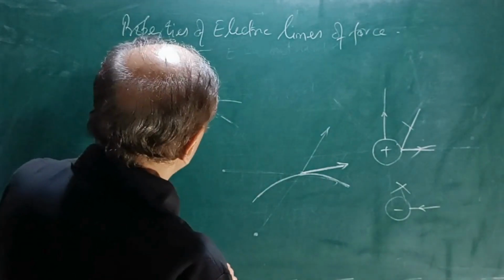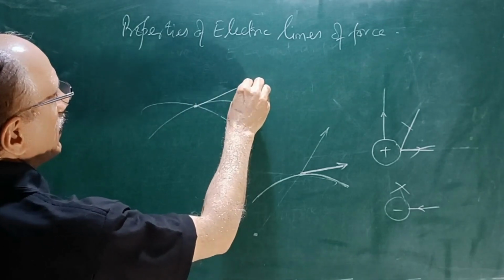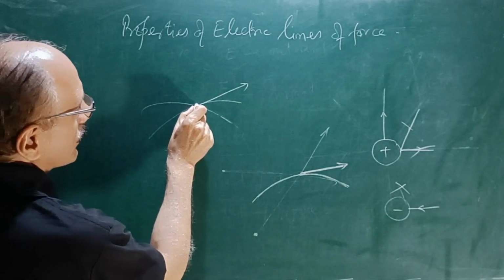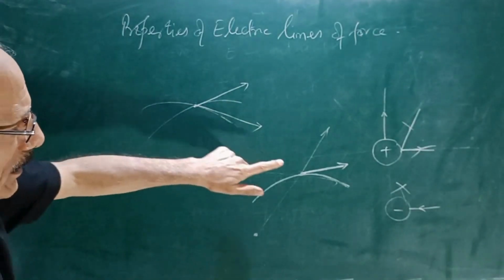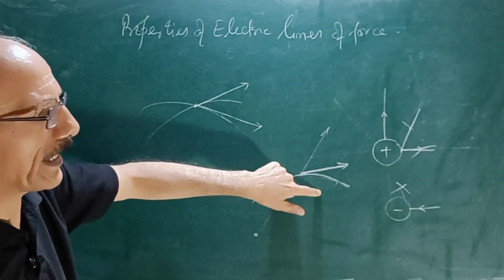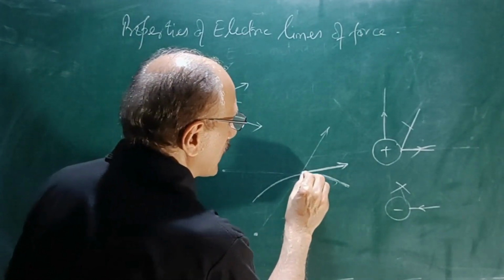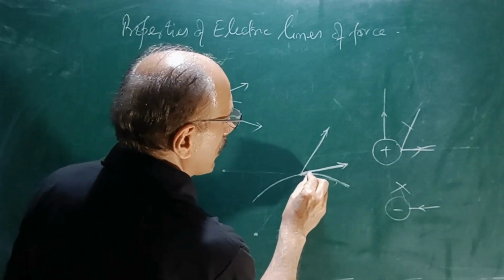Means if we have two lines intersecting, the net resultant electric field will be this side, and according to this, the net electric field will be this way. At one point, the two directions of electric field cannot be. They will adjust somewhere at a single direction. ये भी अभी देखिए दो थी ना, इधर भी थी और इधर भी थी.